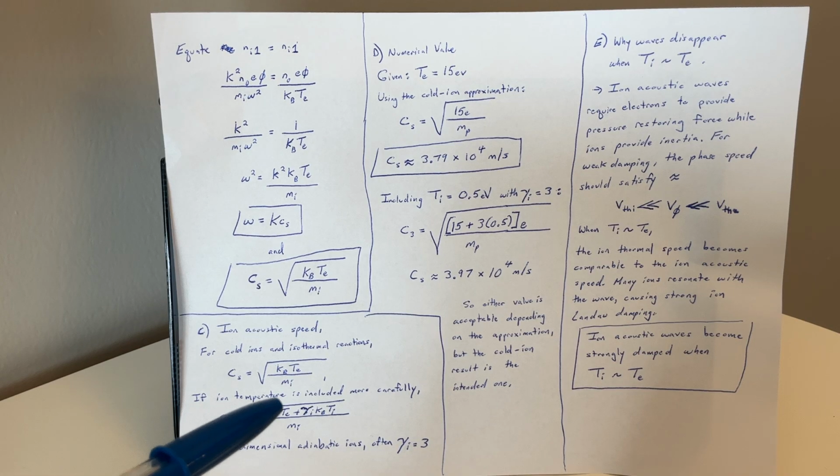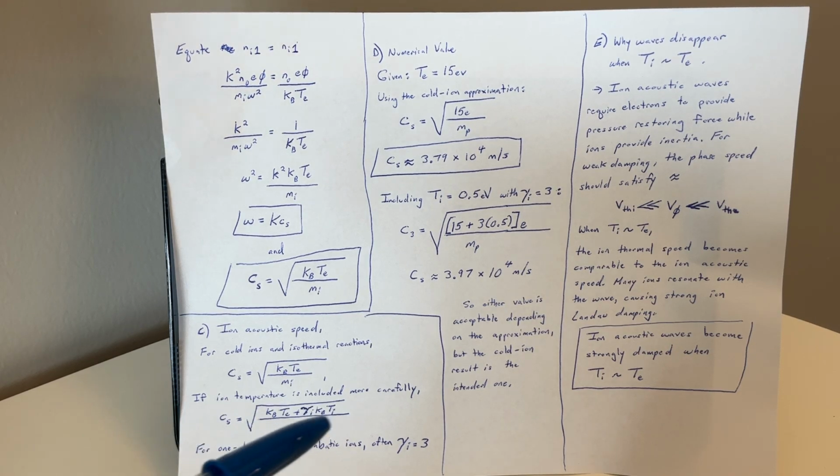And if the ion temperature is included more carefully, c_s is going to be the square root of k_B T_e plus gamma_i k_B T_i over m_i. This is for one-dimensional adiabatic ions, often where gamma_i equals 3.